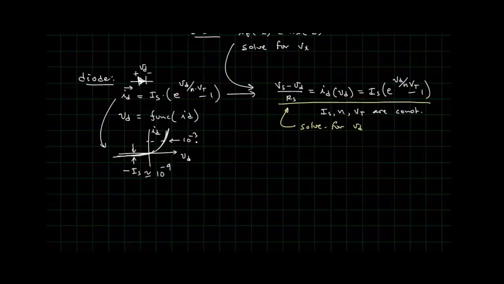So for that reason we can approximate ID as Is times e to the Vd over nVt when the diode is conducting. In other words, this is when Vd is greater than 0, basically the first quadrant.